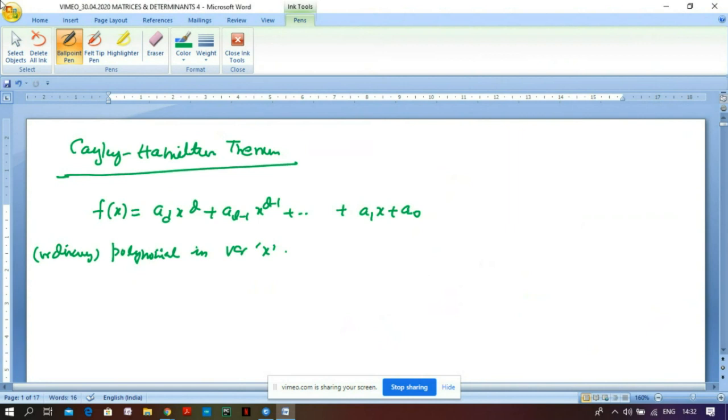Now we can also define something called polynomial functions of matrices.